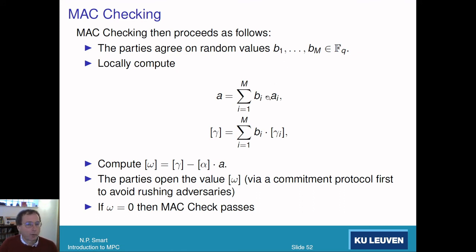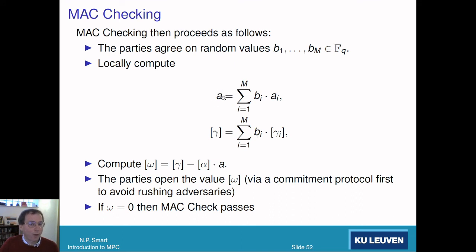Now what we do is we locally compute the sum of b_i times a_i, and we can also locally compute, because it's a linear function and square brackets is a linear secret sharing scheme, the secret sharing of the MAC on a.